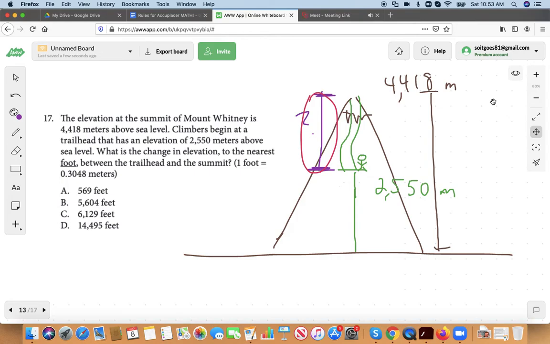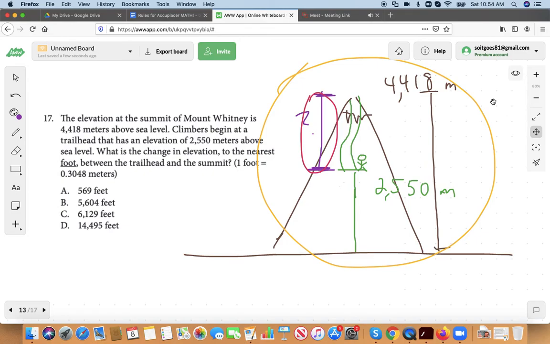I don't think you're fully conceptualizing the picture. Look at it. The whole mountain is 4,418 meters. That's a lot of meters. And the trailhead is like up 2,550 meters. He's got a long way to go still. You know what I'm saying?